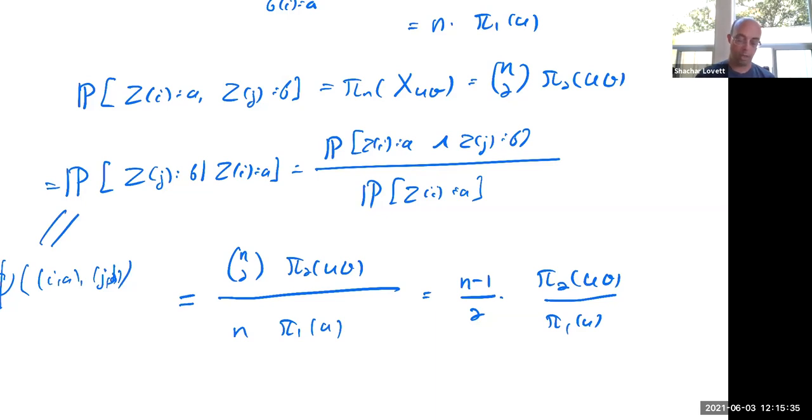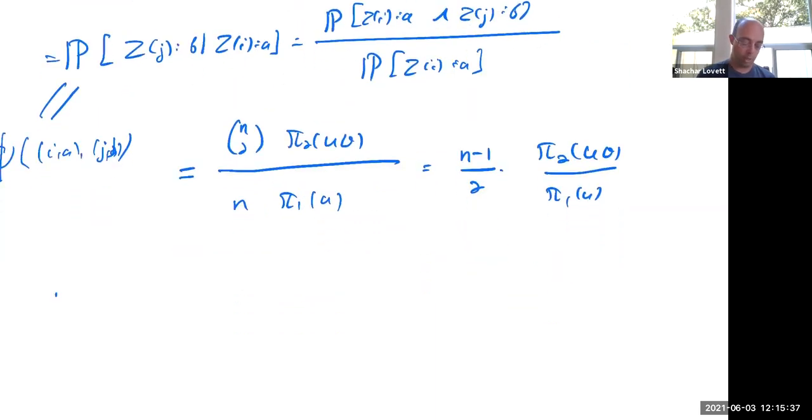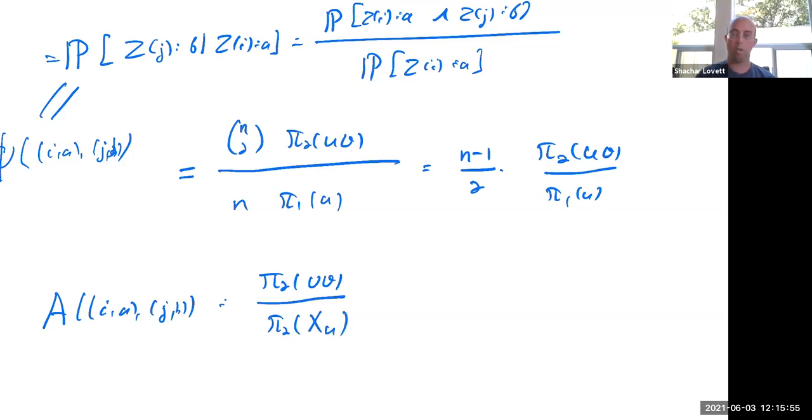Now let's compare this to A. So what is A? A is the normalized adjacency symmetric matrix. What is A of ia, jb? It's going to be pi 2 of uv, the weight of this edge, divided by pi 2 of the link of u. This is just how we define the normalized adjacency matrix of this walk.